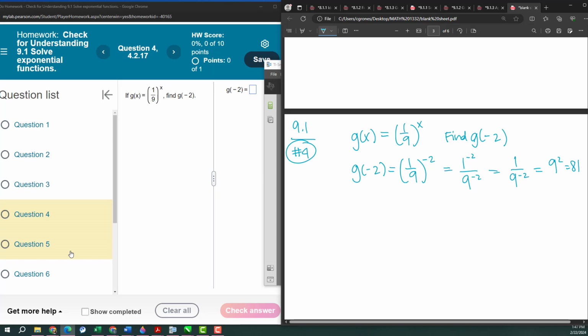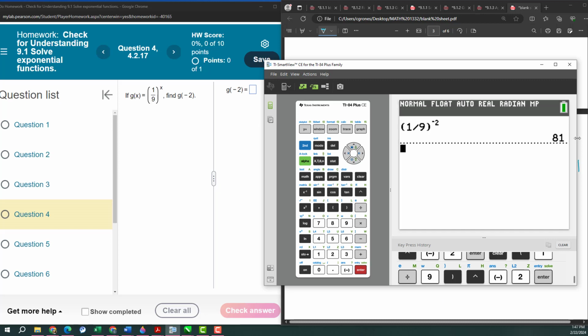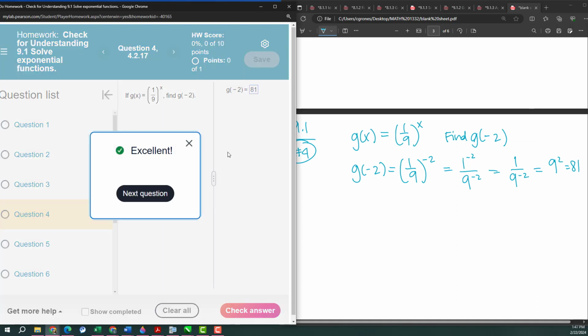Now you can put this into your calculator. You can do it starting straight from the beginning: 1 divided by 9, and then for the exponent, you'd put -2, and it would give you the correct answer. So our answer is 81. Great, so there is a question like that.